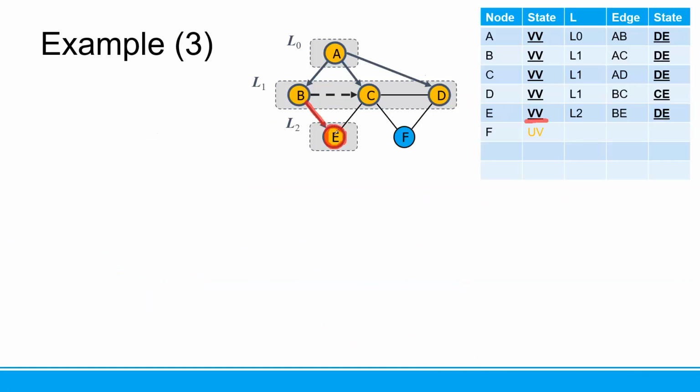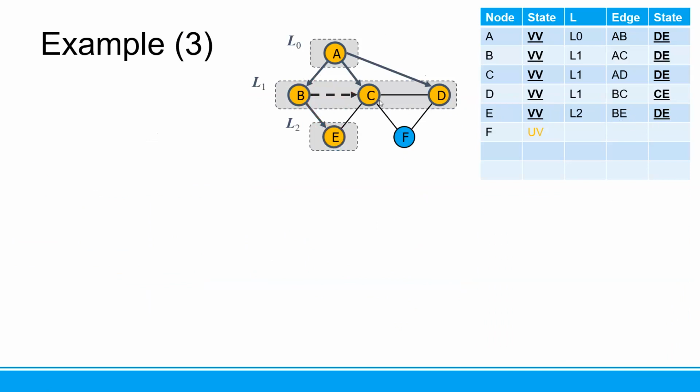Previously it was not visited, so we set this one as visited, and BE will be a discovery edge. We already checked the incident edges, so we finish with B.